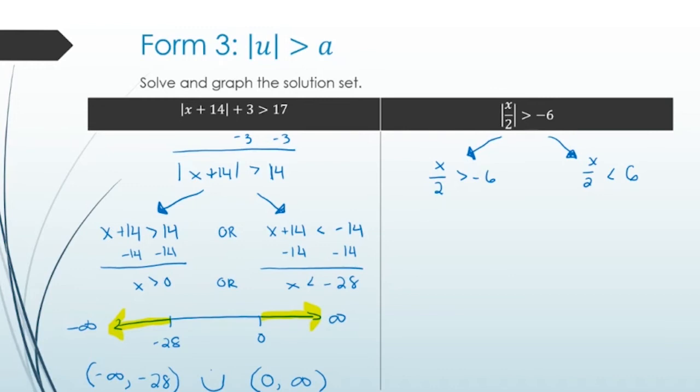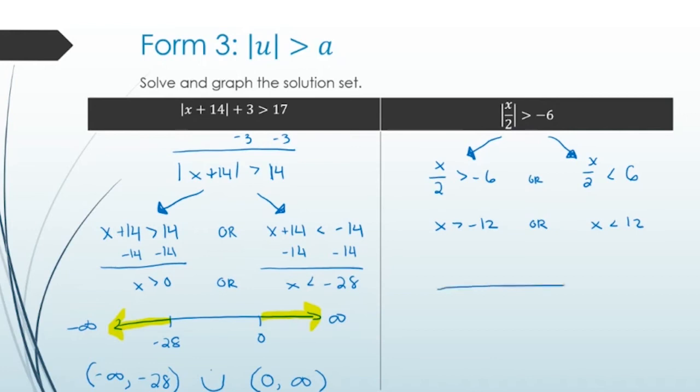Now to solve both of these, we multiply both sides by 2 to get rid of that fraction. So I get x is greater than negative 12, or x is less than 12. Because I multiplied by a positive 2, I don't have to worry about reversing things.